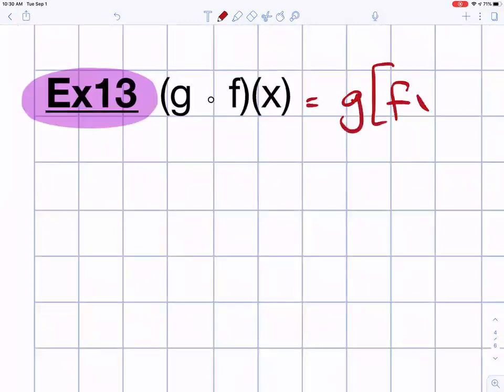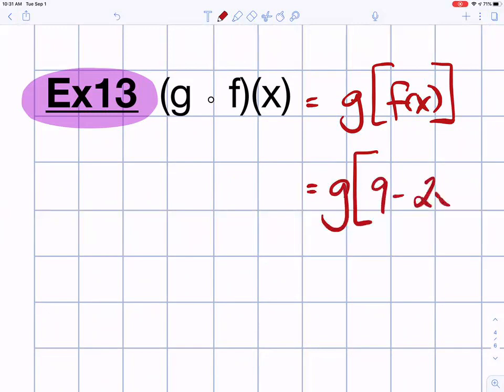g of f of x. Start on the inside. So what's your f of x equal to? 9 minus 2x. I'm trusting you because I didn't go back and look. So we're taking the f of x out. We're replacing it with 9 minus 2x. Okay. Now, do you see that I have a g of something, right?